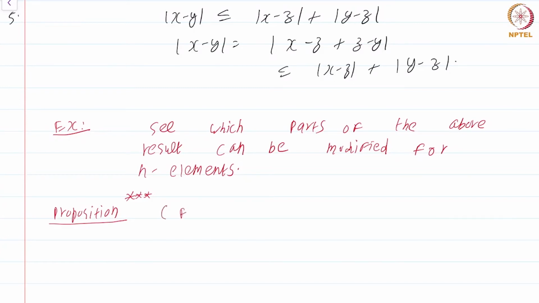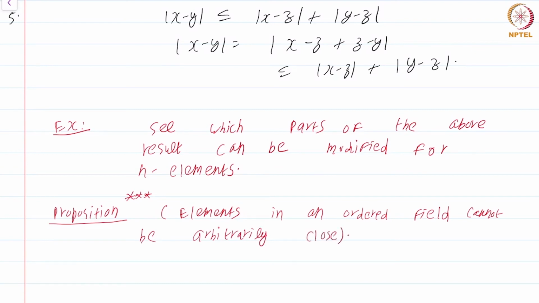Elements in an ordered field cannot be arbitrarily close. What this proposition says is rather simple.